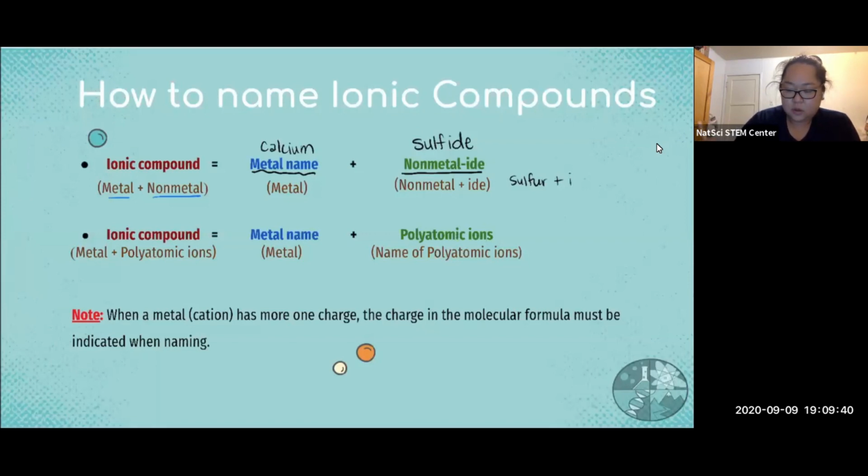So calcium sulfide. Your next type of ionic compound is a metal with a polyatomic ion. So we can do sodium, and that's Na. And a polyatomic we can do PO4 3 minus, and that's phosphate.